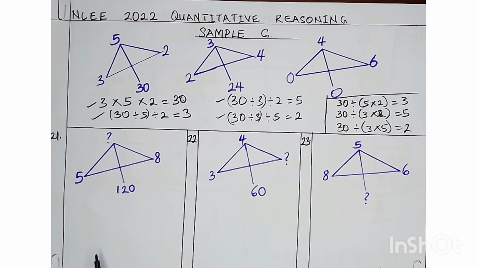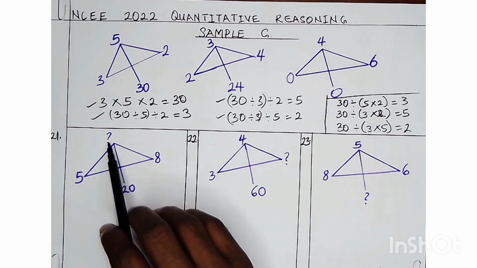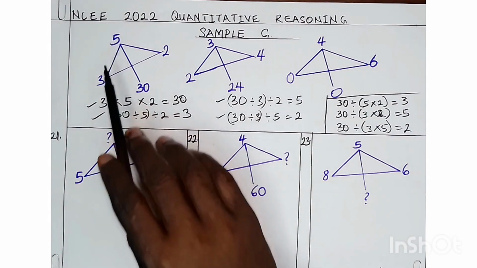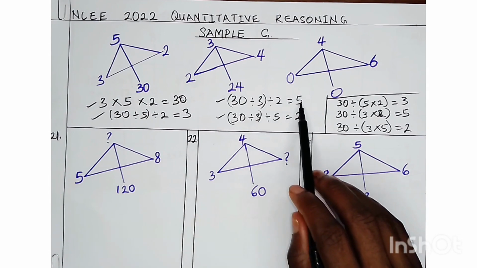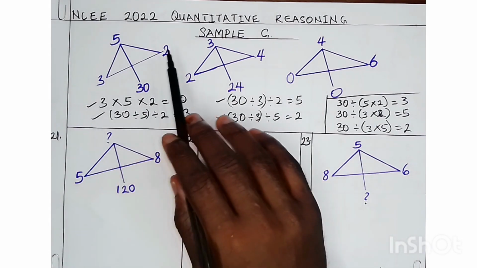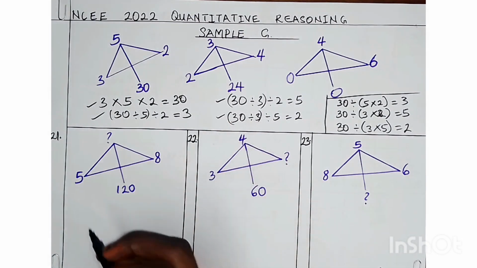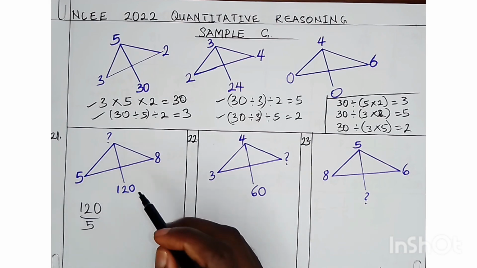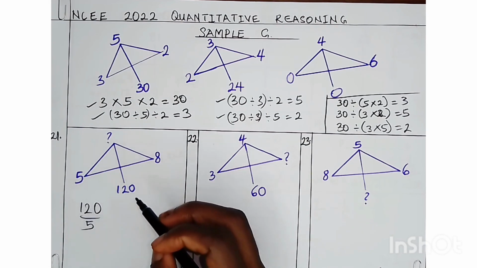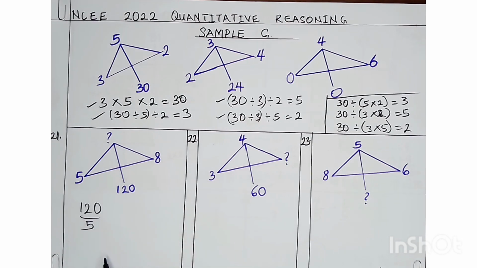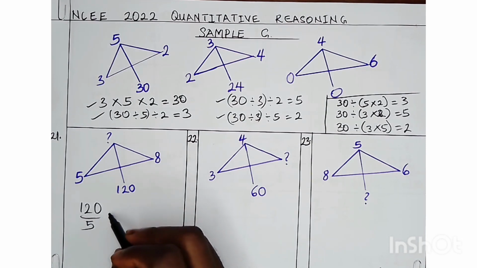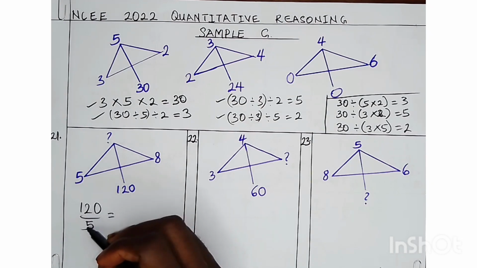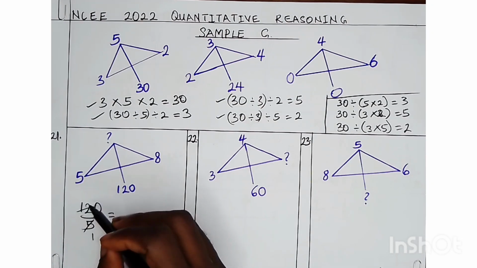Number 21, we have the one on top here missing. That's in place of 5. So how did we get 5? We did 30 divided by 3 divided by 2. So that means we're going to first divide 120 by 5. Then whatever we get, we divide it by 8. Any division method that is easier for you is what you should go with. For me, I like my short division this way. 5 in 12 is 2, remainder 2. 5 in 20 is 4.